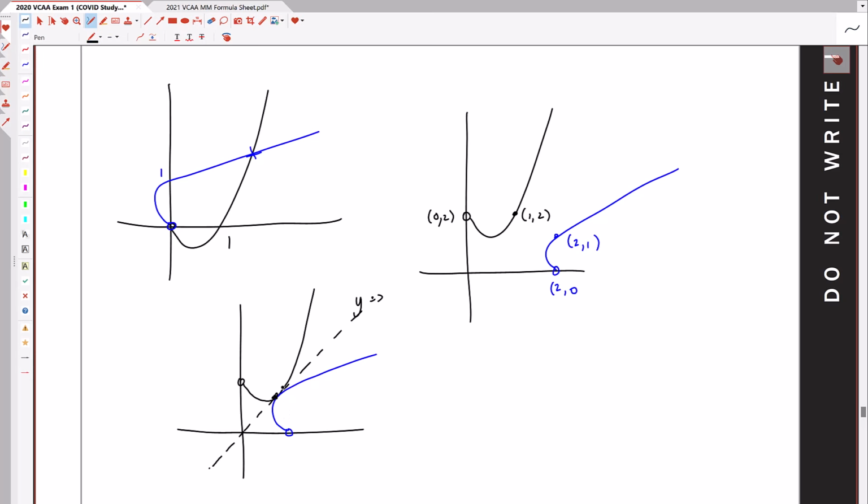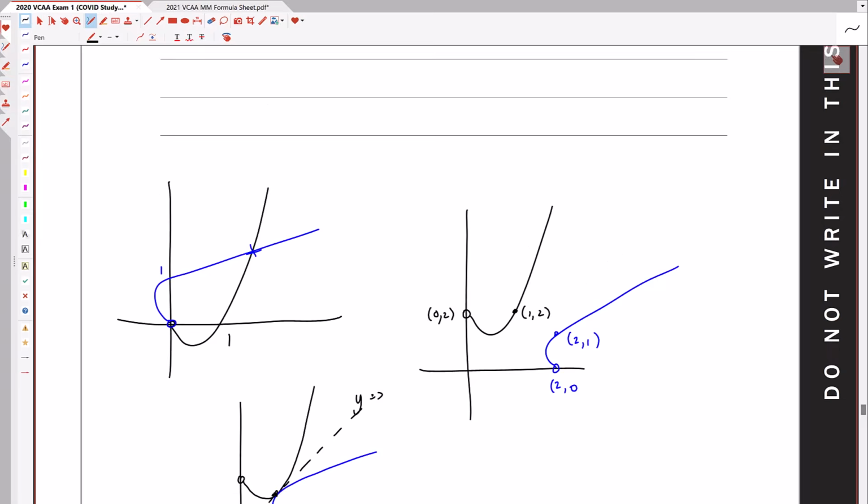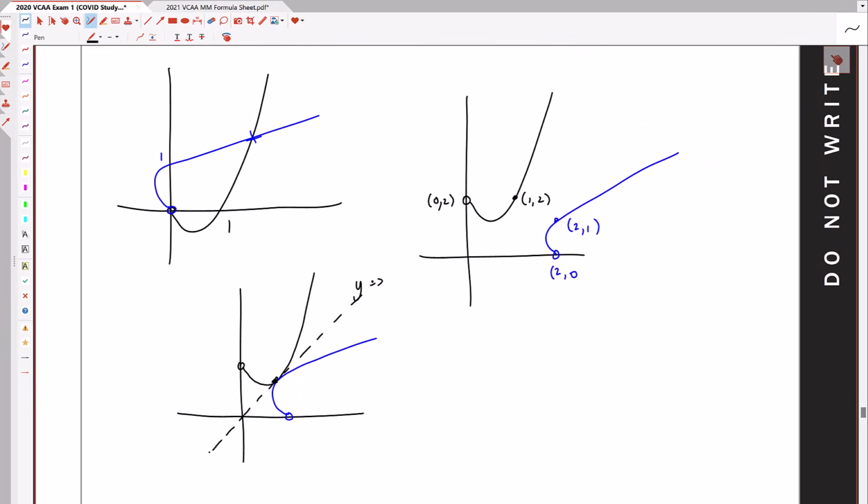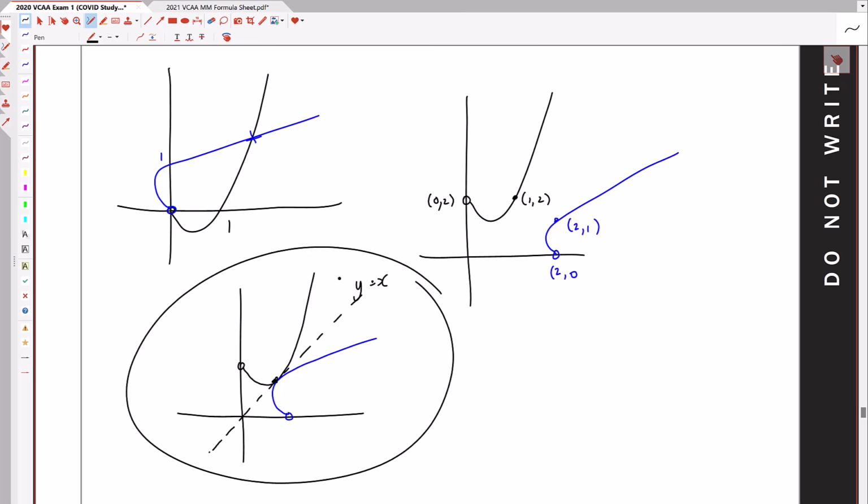That's the point where they just touch, and if we want them to not intersect, we would want k to be bigger than that value, so we'll need to translate by more than that.